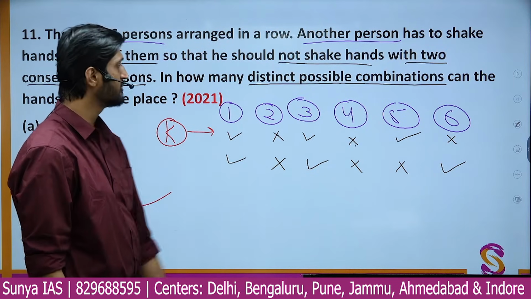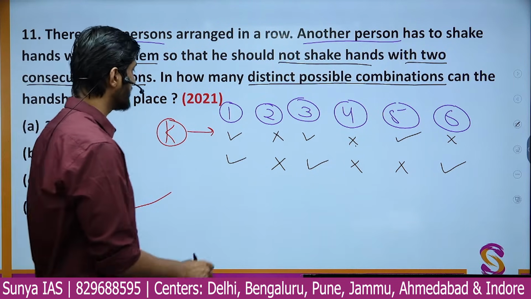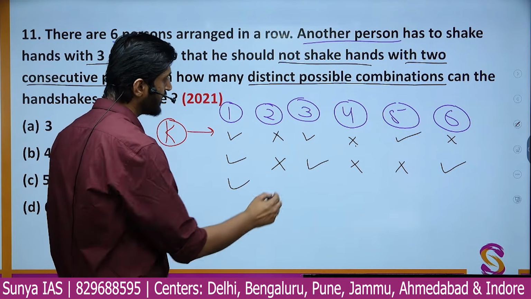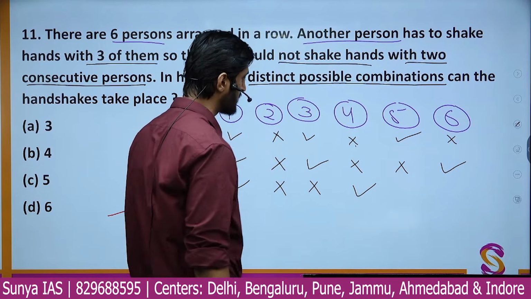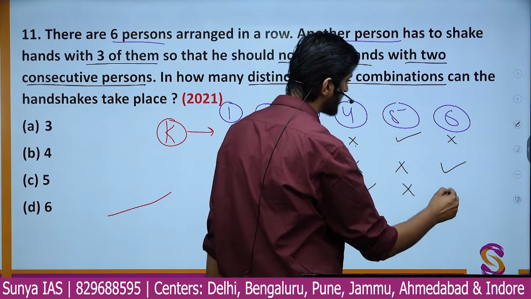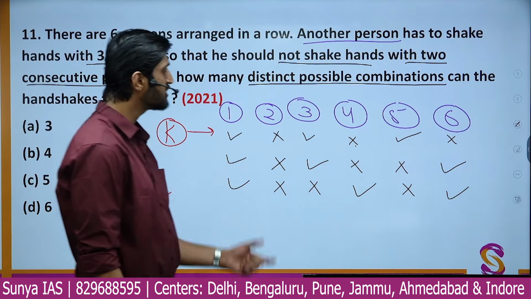This is also one way possible. Then another way is that he shakes hands with the first guy, leaves the second and third, shakes hands with the fourth guy, leaves the fifth, and then shakes hands with the sixth guy. These are the three ways.